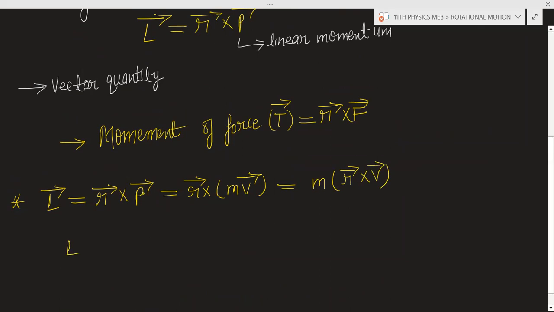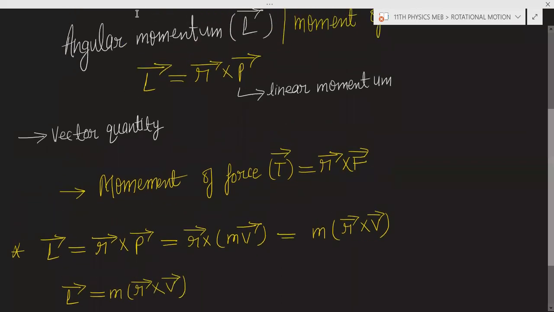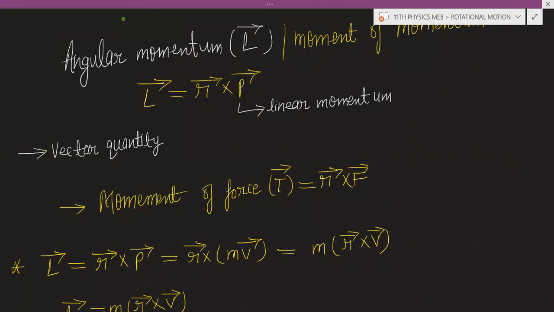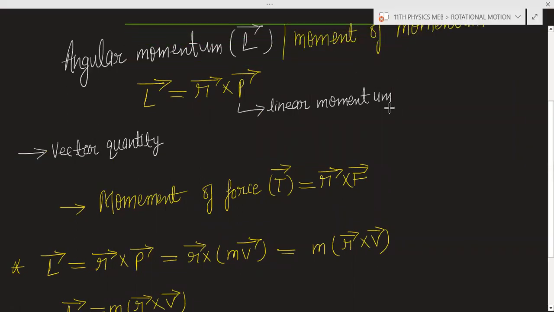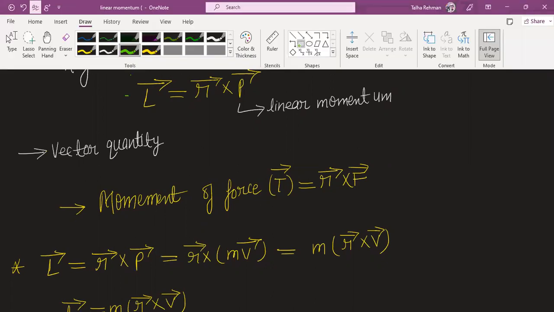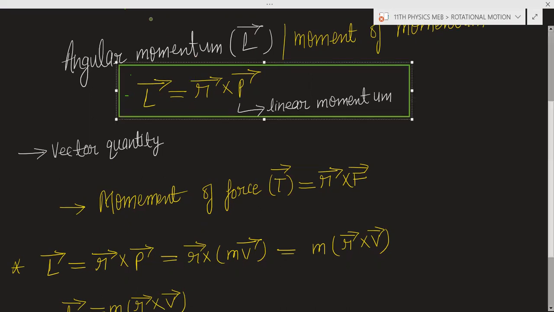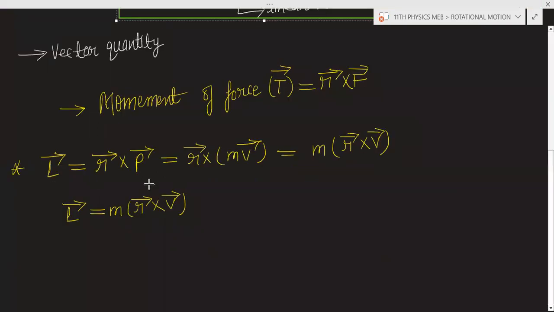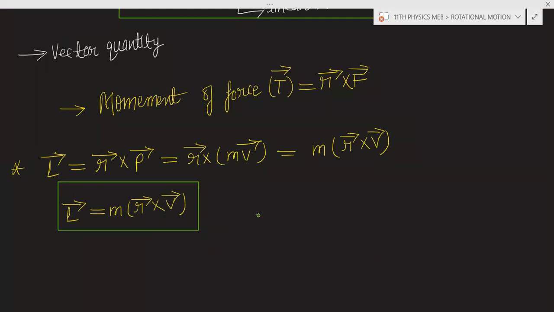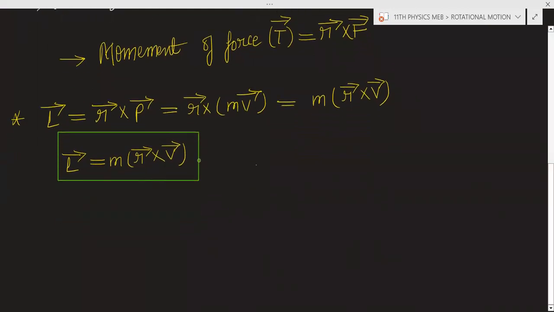So this is another form of angular momentum, M R vector cross V vector.